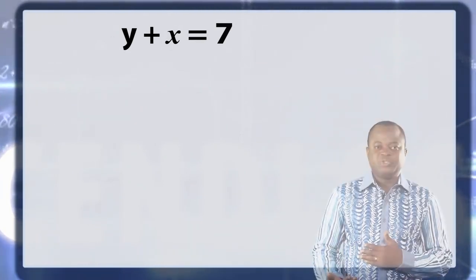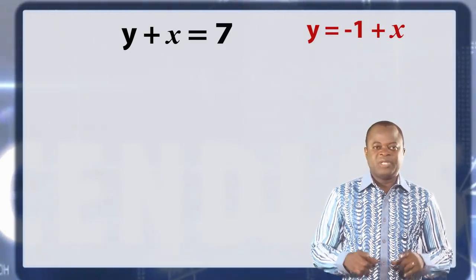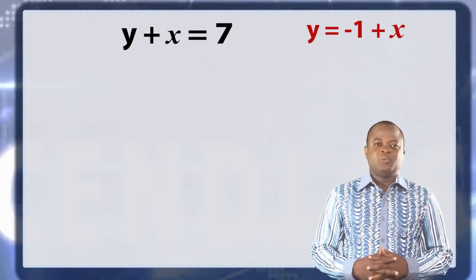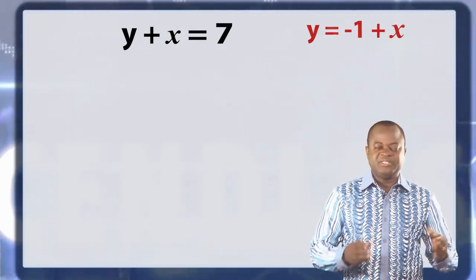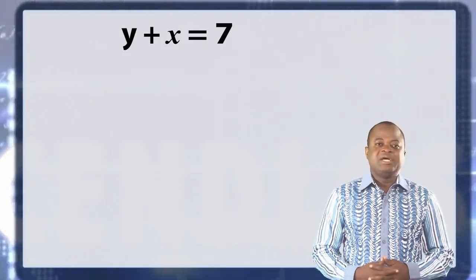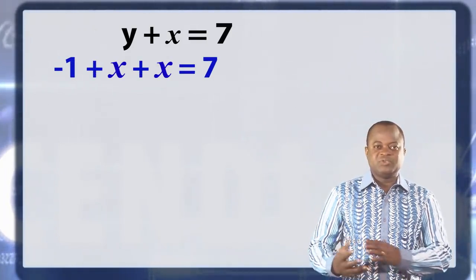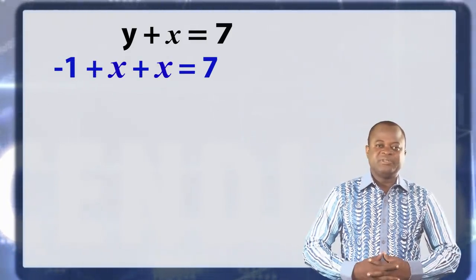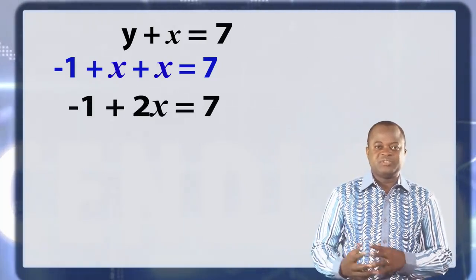We now substitute y is equal to negative 1 plus x in equation 2. What that means is that in equation 2, wherever we see y, we put negative 1 plus x there. And so we go to equation 2. And that is negative 1 plus x plus x is equal to 7. And solving this gives us negative 1 plus 2x is equal to 7.